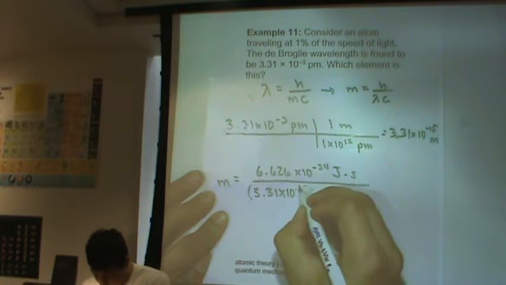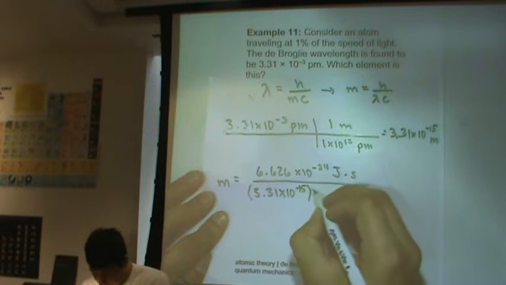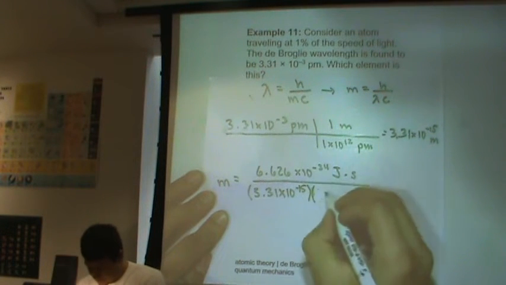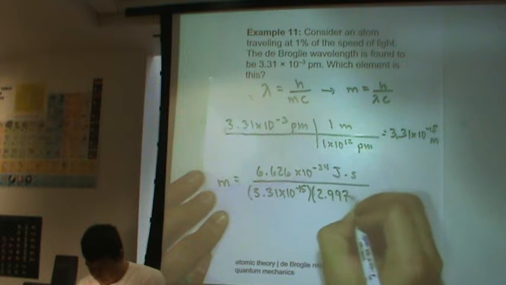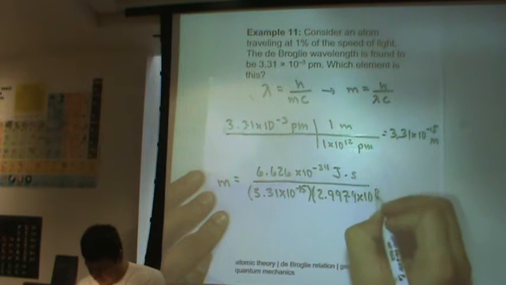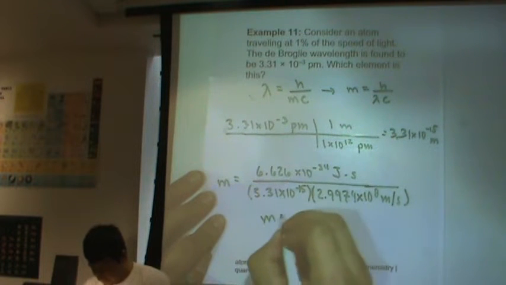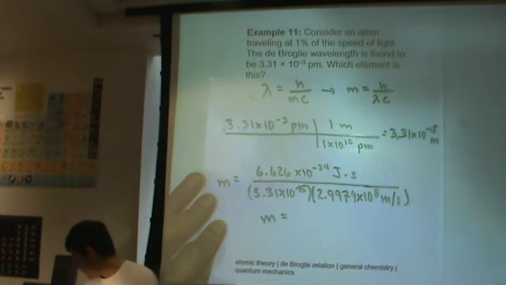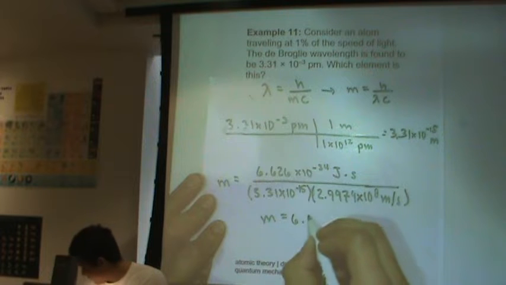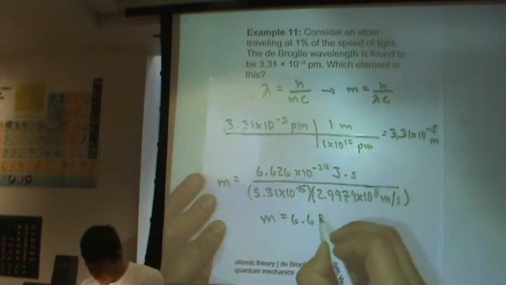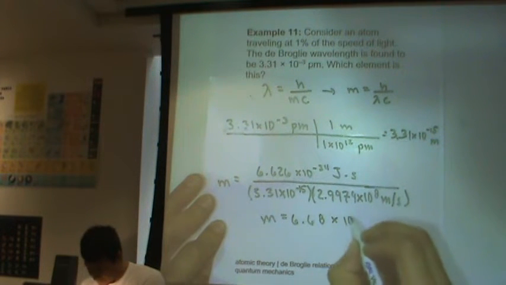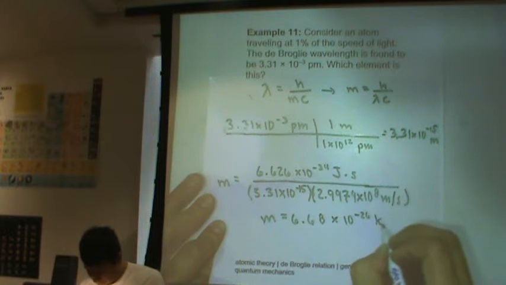Times c, which is the speed of light, 2.9979 times 10 to the 8th meters per second. This is going to give me a mass of 6.68 times 10 to the negative 26 kilograms.